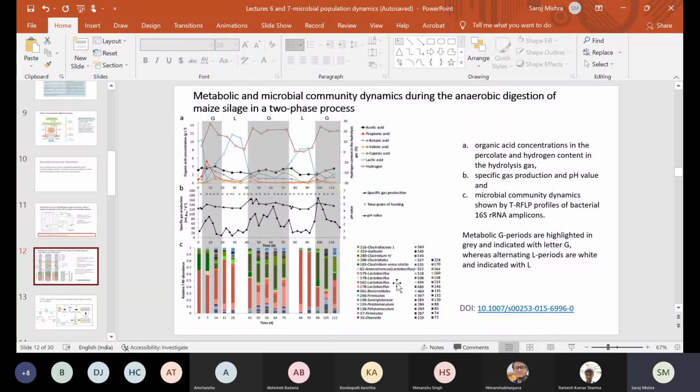And what you see here in, for example, green, so we go back and try to understand what green is here. So green is 516, and it is a Clostridiaceae, which is a very distinct kind of microorganism.